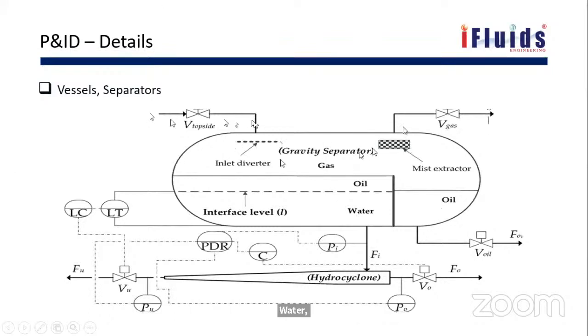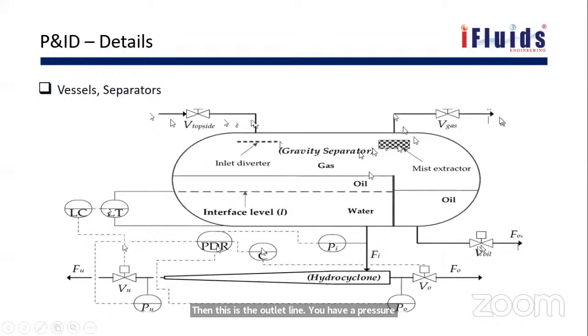You have an inlet diverter, you have a mist extractor, which will not allow oil particles or liquid particles to get carried in the gas stream. You have this level control, so this valve is controlled by this indication. Then this is the outlet line. You have a pressure differential controller, because that is the basis for hydrocyclone operation.